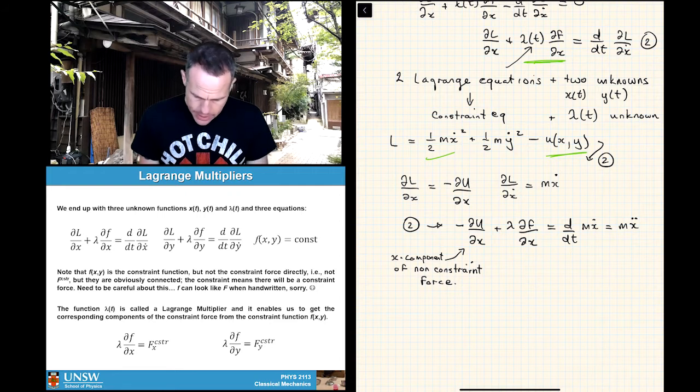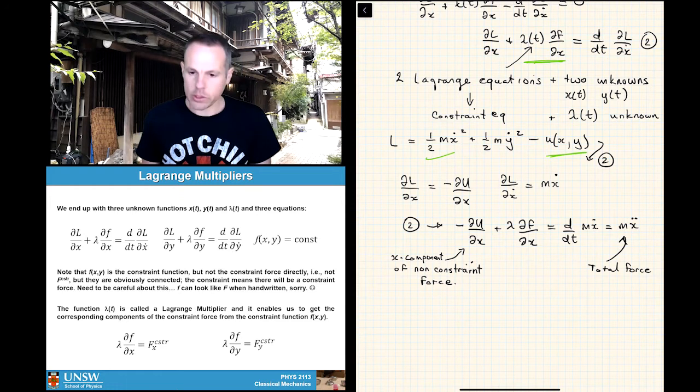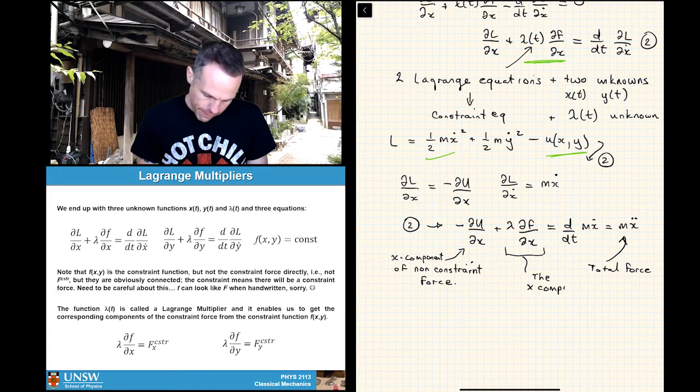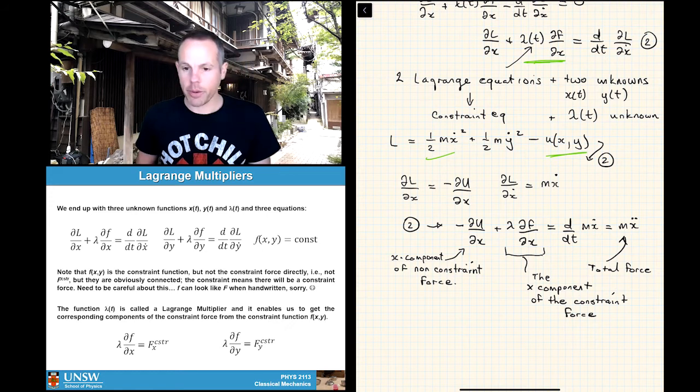And then this term here is the total or net force on the system. And then this term in here that's hanging around in the middle ends up being the x component of the constraint force.